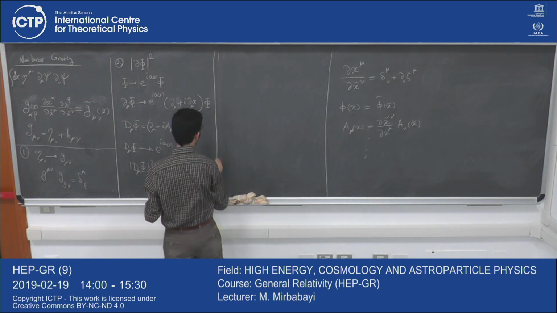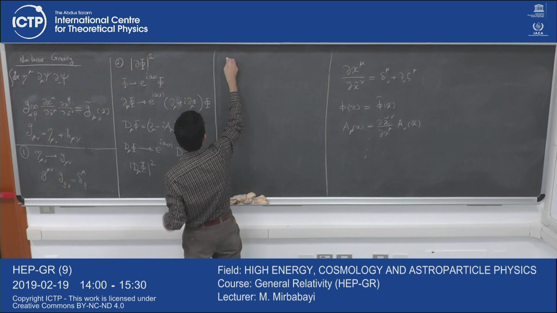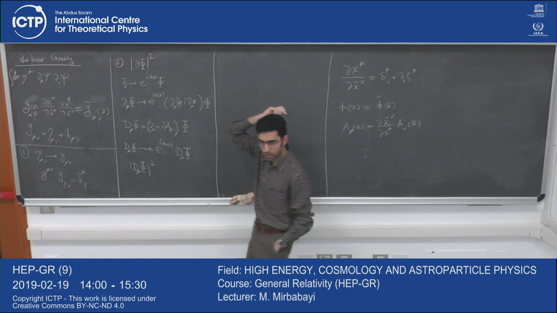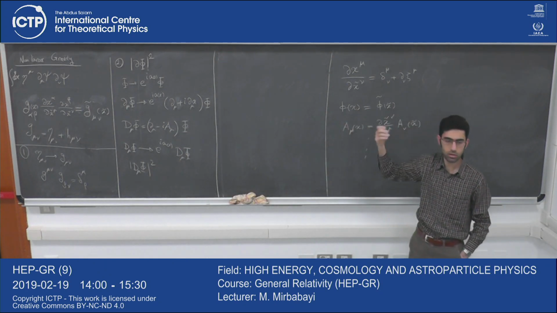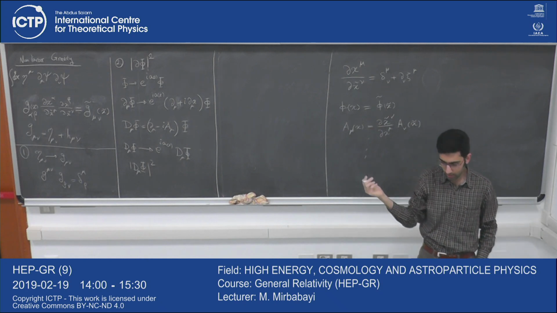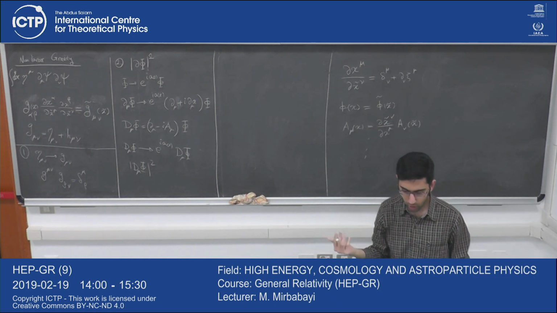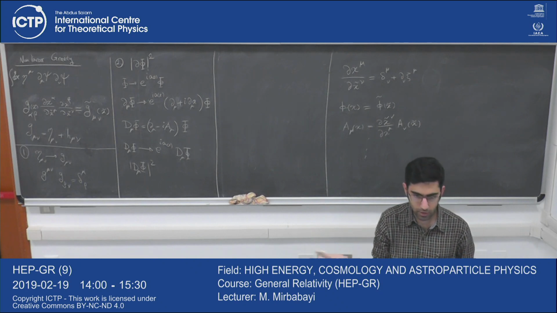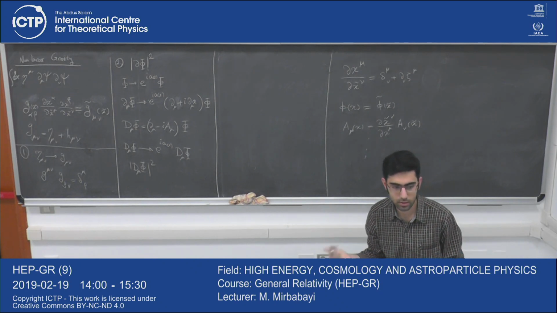then under a coordinate transformation, they are not. So the derivative of a vector field, in the case when we just talk about Lorentz, the derivative of a Lorentz vector is a Lorentz tensor, for instance, right?